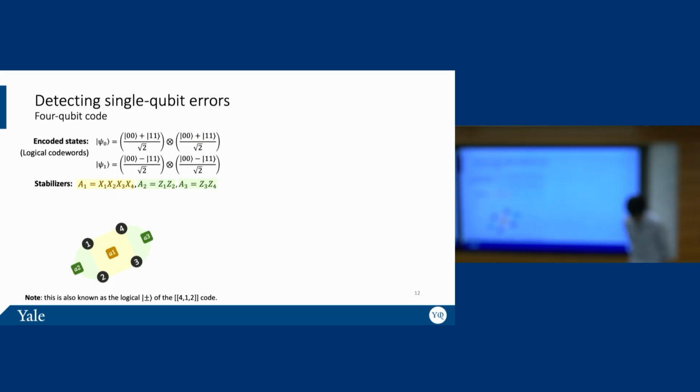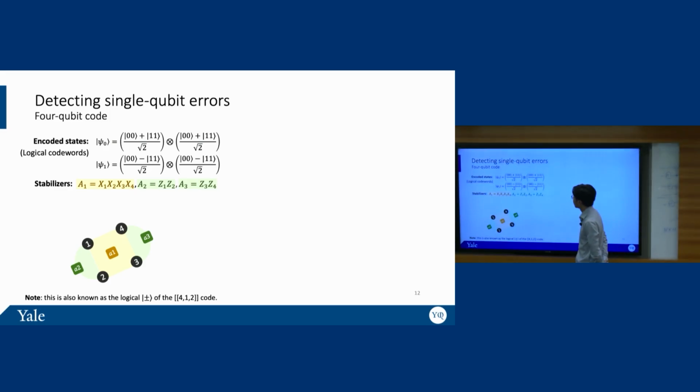What I'm going to show is the 4-qubit code that is capable of detecting any single qubit errors, both X and Z at once. Before, we used two separate circuits for constructing bit flip or phase flip. Now it's the same quantum circuit that can detect either bit flip or phase flip.